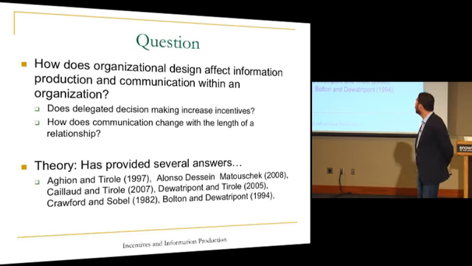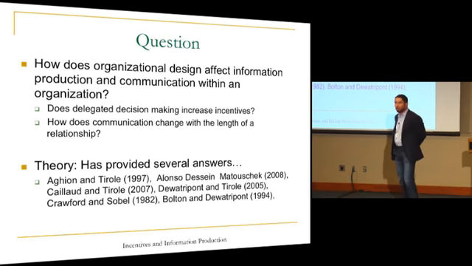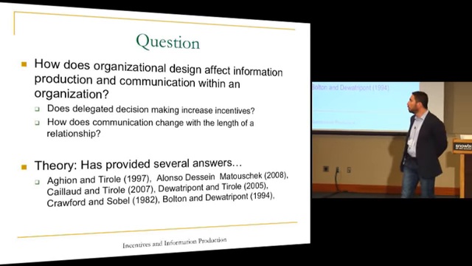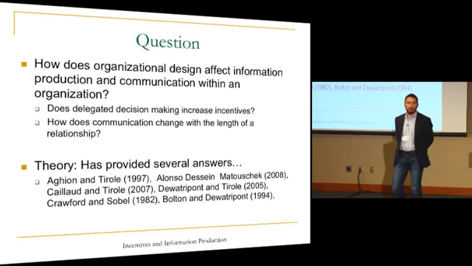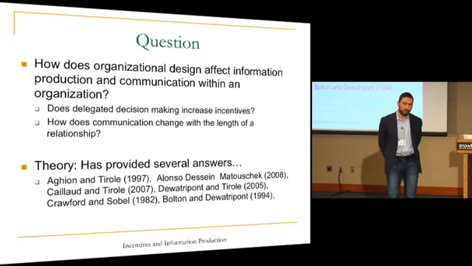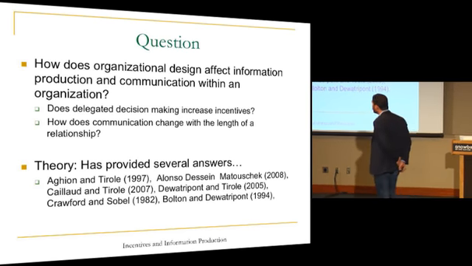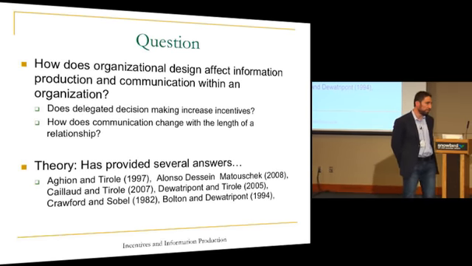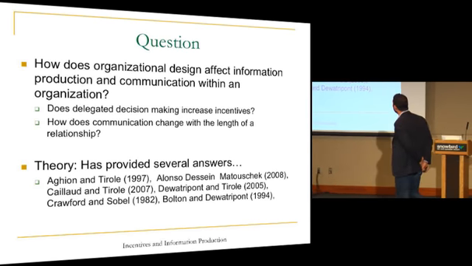I think the authors view this paper as being closest to, say, Aghion and Tirole, in the sense that that paper looks at an environment where you can get more information produced and communicated if you delegate real authority to the agent, and essentially say, well, I know that my report is going to be used more often, so I have a stronger incentive to go out and work hard to collect that.